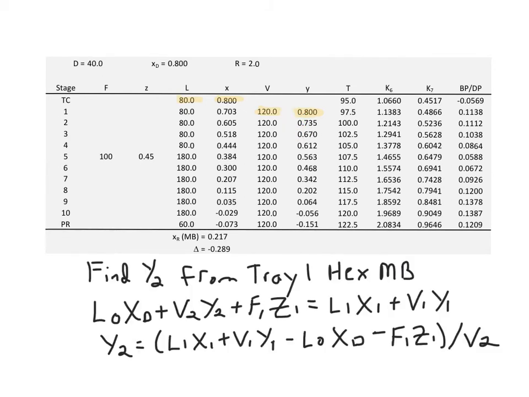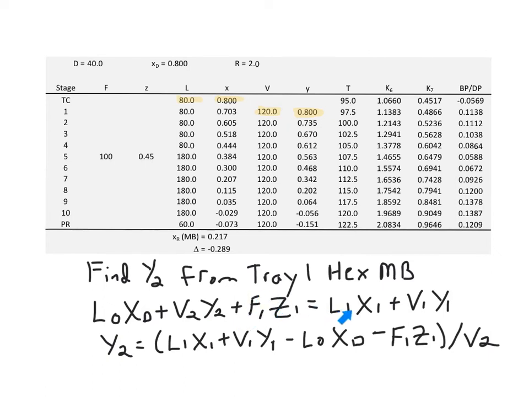So we find the mole fraction of the vapor leaving tray 2 using the mole balance around tray 1. Around tray 1, the hexane mole balance is what comes in from the liquid coming in from the tray above, plus the vapor coming in from the tray below, which contains our Y2, plus any feed that goes into that tray.